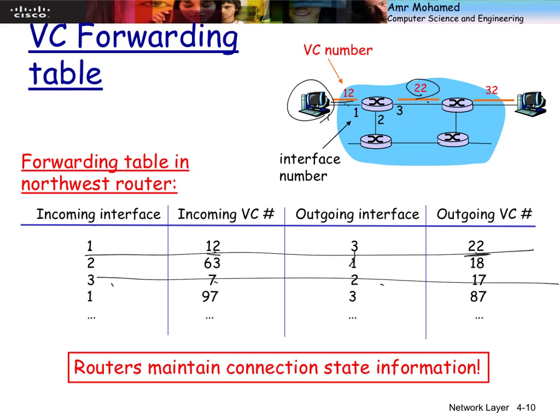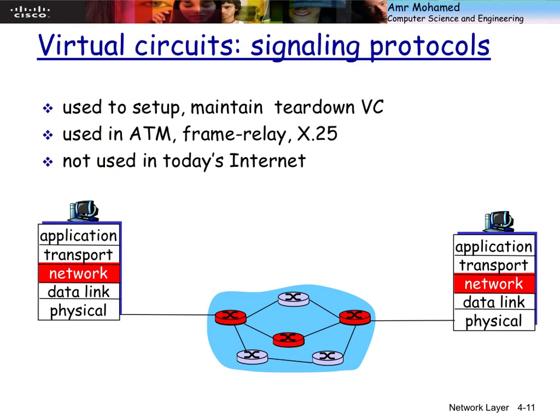So you can imagine the combination now between the interface and the virtual circuit number versus a destination address, and the fact that this table can potentially grow very large. This is what we call connection state, or virtual circuit state, that the router has to maintain.